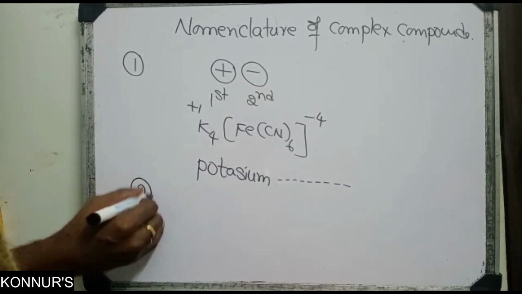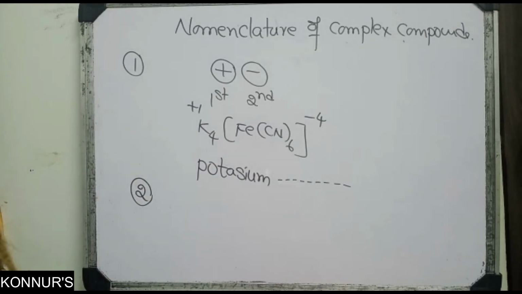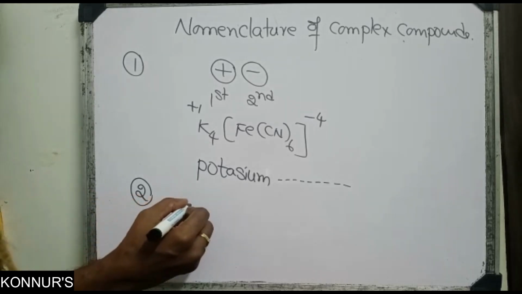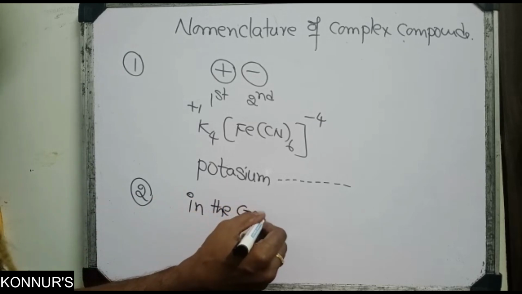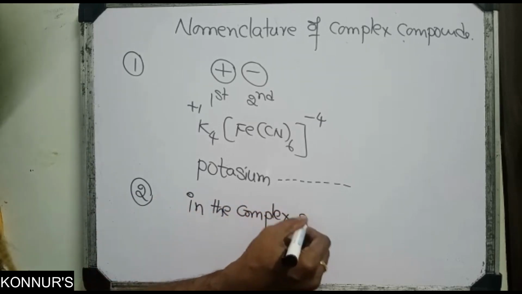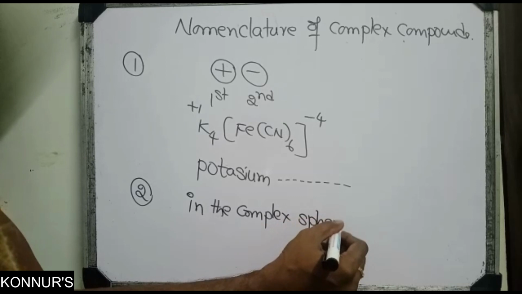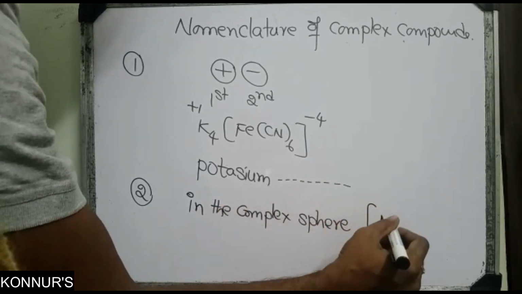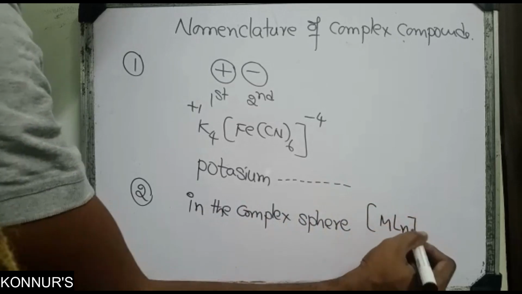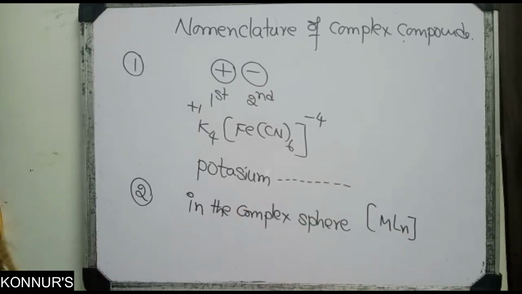Next, second point. In the complex sphere, which one do you call a complex sphere? The metal surrounded with some number of ligands is the complex sphere.